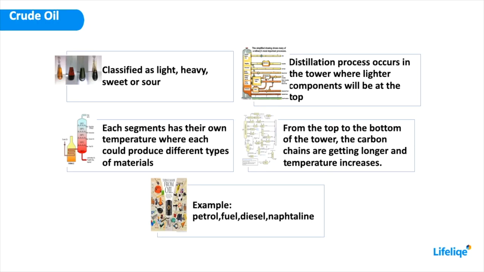The distillation process occurs in the tower, where lighter components will be at the top while the heavier components will be at the bottom. Each segment has its own temperature, where each could produce different types of materials. From the top to the bottom, the chains of carbons are getting longer as the temperature increases. Some examples are petrol, fuel, diesel, naphthalene.